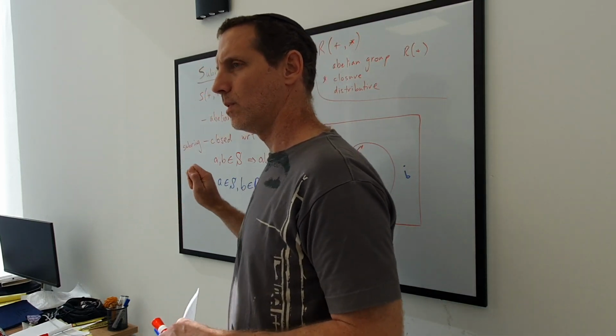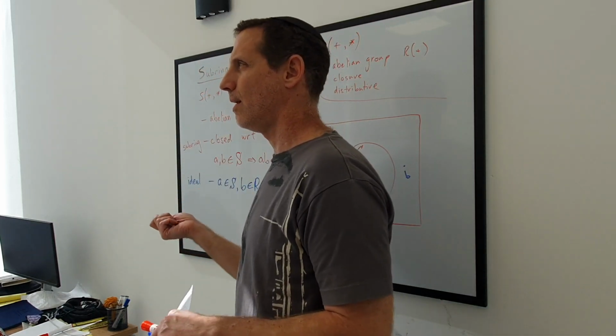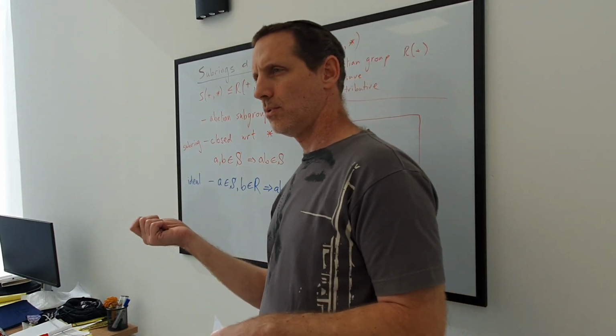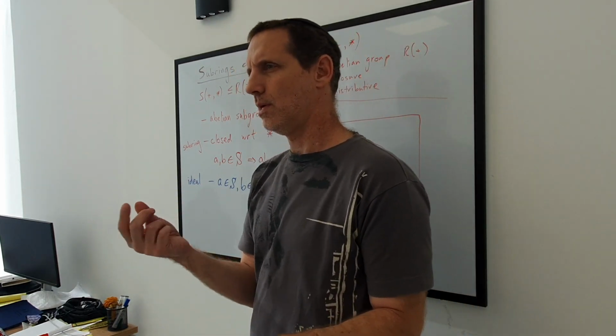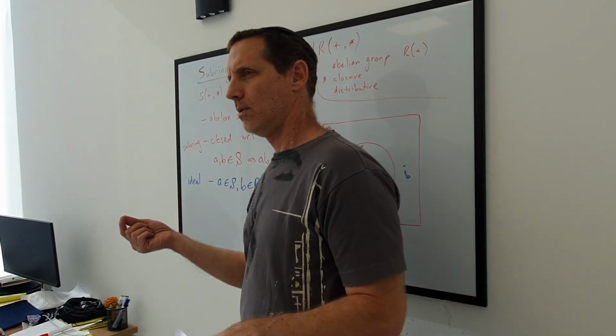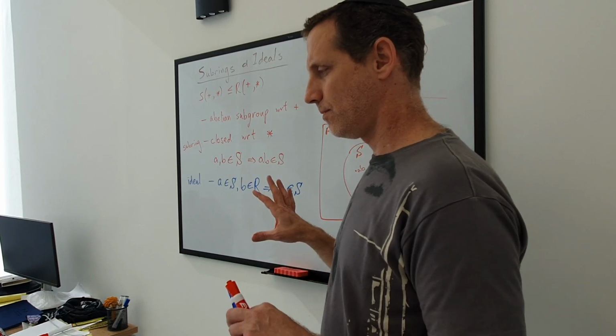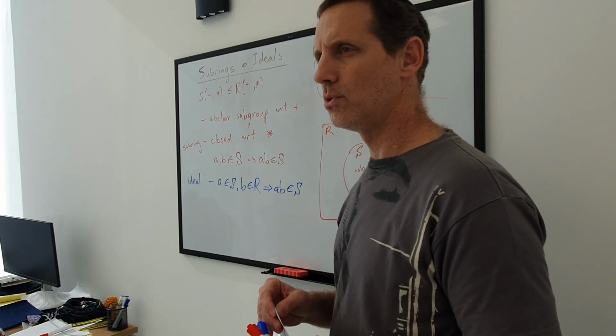We'll get to what are called principal ideals, which are similar to cyclic subgroups. So you generate them, they've got a generator. And those are actually the types of subrings that we're going to be most interested in.